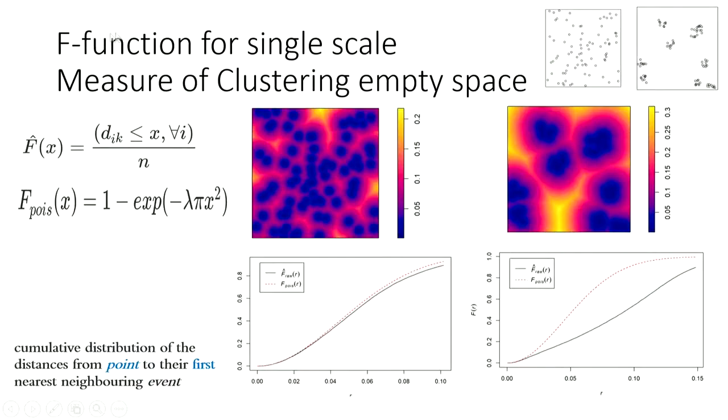Complementary to that is the F function. The F function tries to find the empty space in between. Here you take any random location, not an individual event point. Let's say I take this point over here and find the nearest event point from this place.